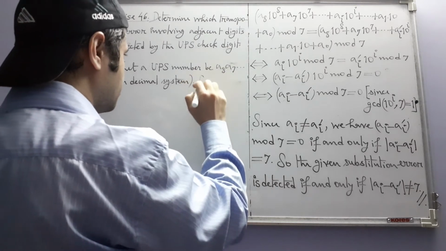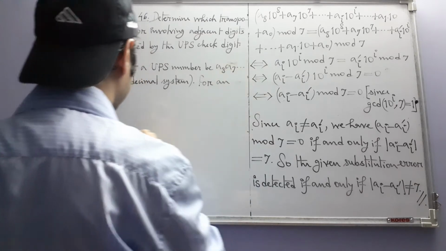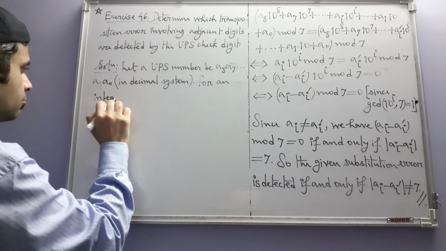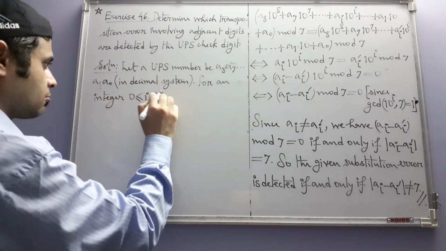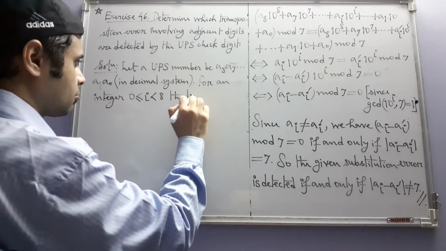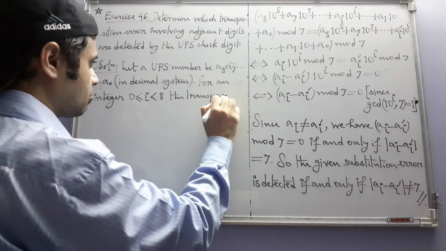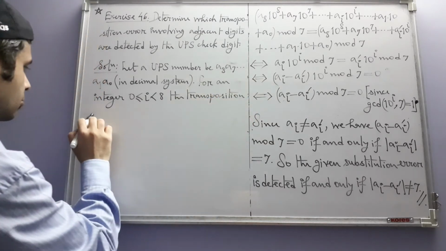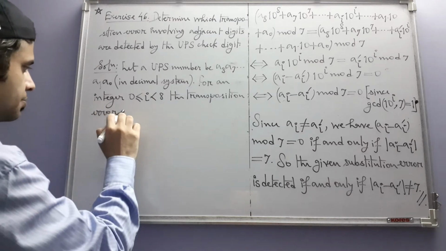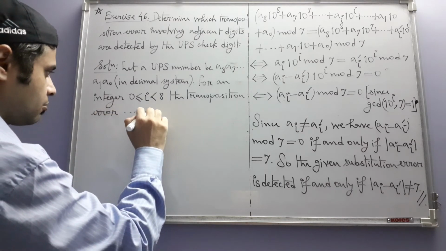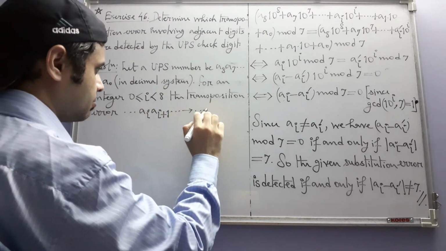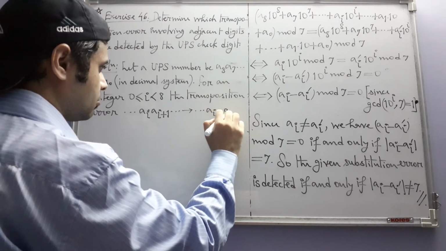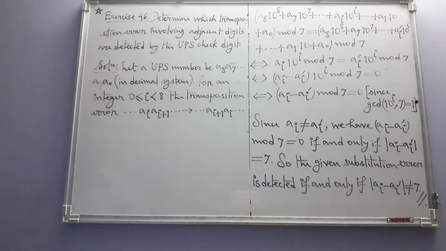For an integer, the transposition error where A_{i+1} A_i is changed to A_i A_{i+1} is undetected.